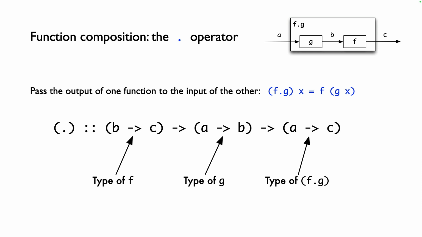So remember, dot here means function composition. It's a different use from that in many object-oriented languages, for example.